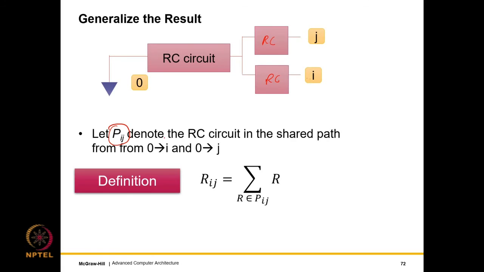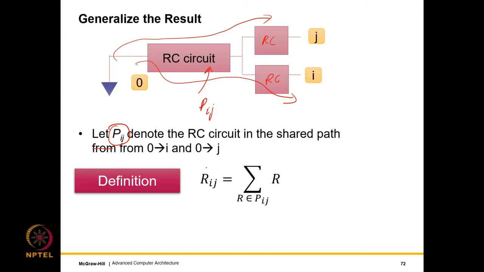So let Pij denote the RC circuit in the shared path from 0 to I and 0 to J. So the shared path is actually this path. So this path is shared. So let Pij be the shared path from 0 to I and 0 to J.